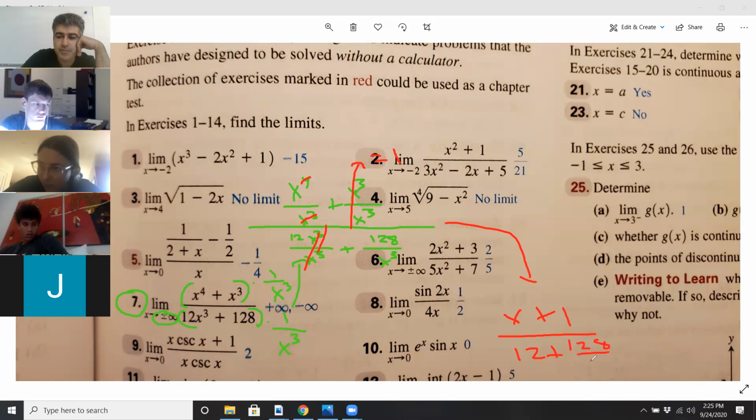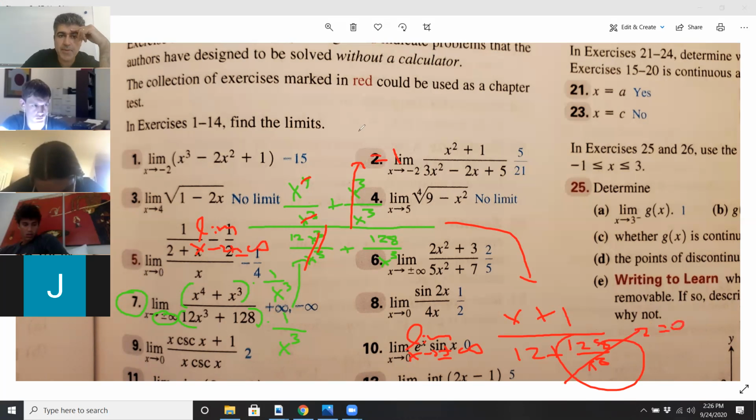Now, don't get lazy. You do have to write the limit notation, so I got a little lazy there. When you take this limit, we should know that this approaches 0. We talked about this in the notes again.